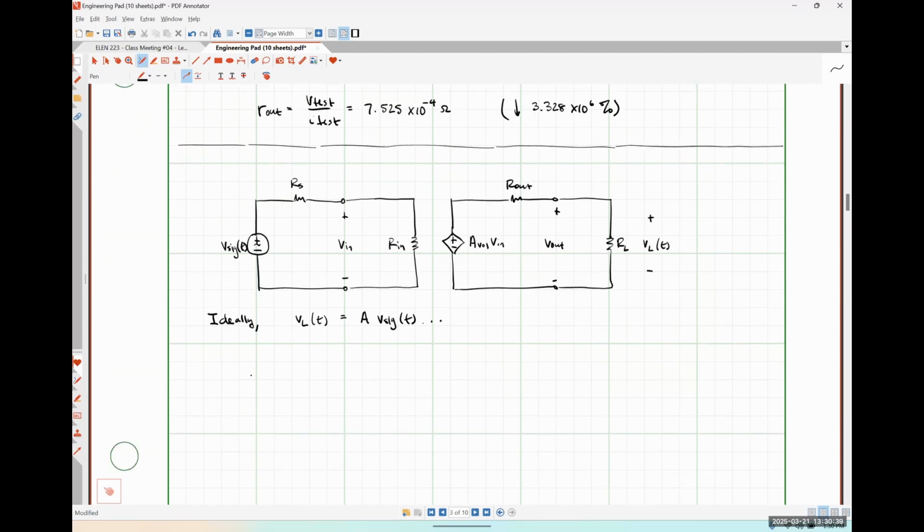So the voltage that I have labeled as Vn, and I'll put it as a function of time here, could be expressed as V sig as a function of time multiplied by Rn over Rs plus Rn. That's literally just using voltage division. Everybody okay with that? What value must Rn have to make Vn equal to V sig?